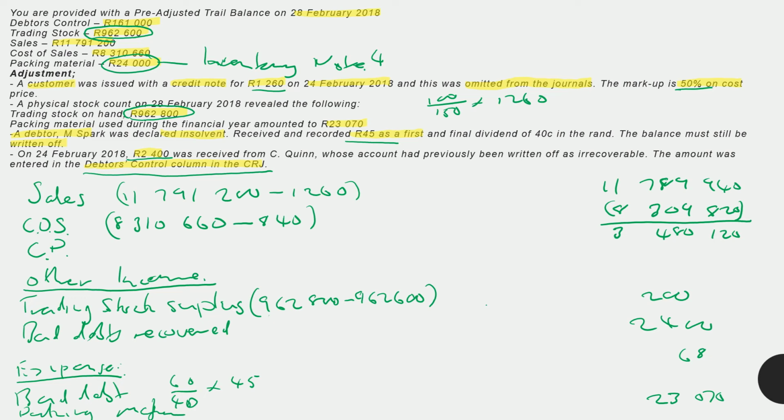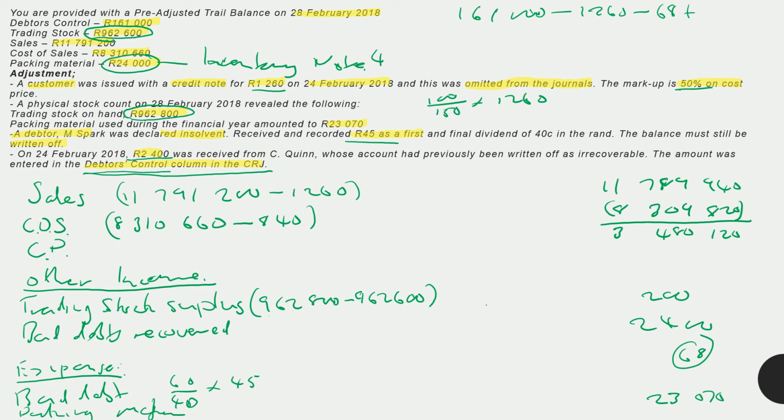Then let's make the adjustment that we need to make in terms of debtors. So our debtors will be 961,000 minus 1,206 minus 68, this one here, plus this amount here.